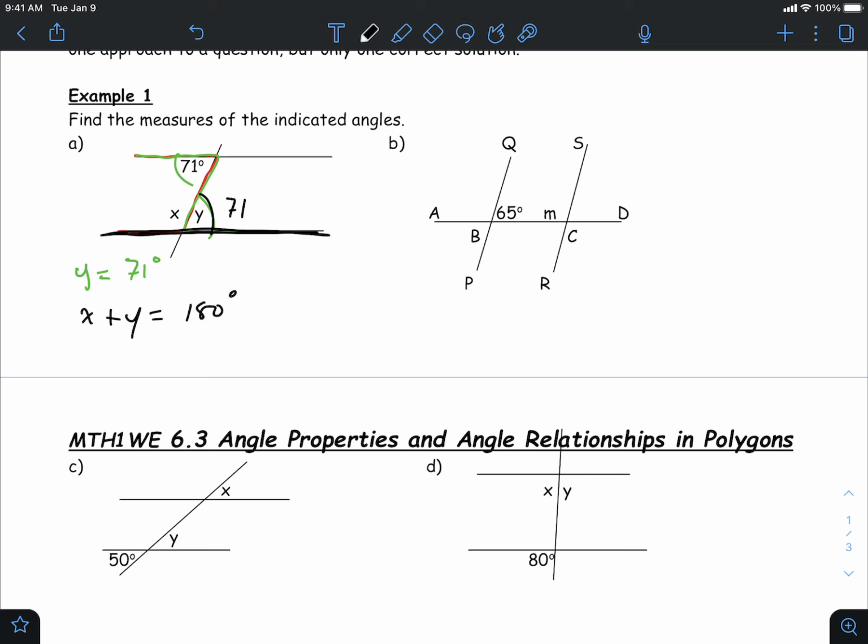You know y is 71, so x plus 71 is equal to 180. So x is going to equal 180 take away 71. What's 180 take away 71? Sarah? 109, good.